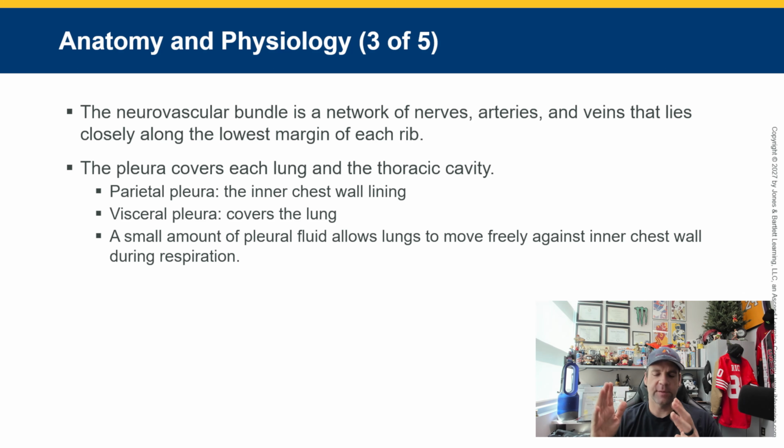The whole purpose of that fluid is to reduce friction as the lung moves, like when it's inhaling and exhaling. But it also helps keep the lungs mechanically coupled to the chest wall. So when the chest expands, the lungs are carried with it. So if air or blood separates those layers, that normal relationship is going to be disrupted, and the lung may no longer expand like it should.